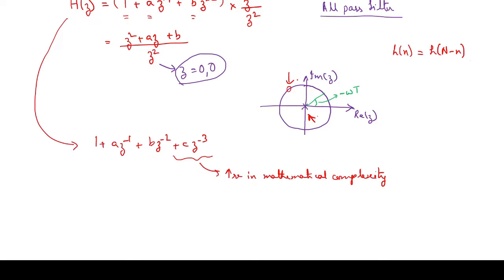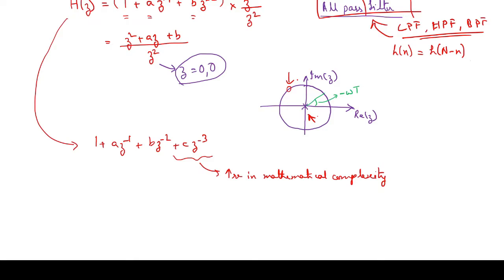There is a filter which is regarded as the all pass filter. Till now, we have talked about low pass filter, high pass filter, band pass filter and all the things. But what do you mean by all pass filter?